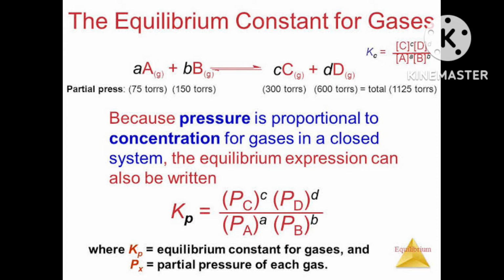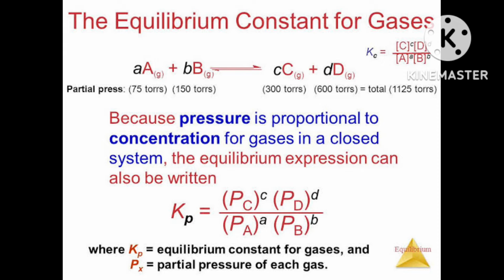If you are expressing in terms of concentration, you write Kc. When you are expressing in terms of pressure, you write Kp, and that time pressure will be in bar.